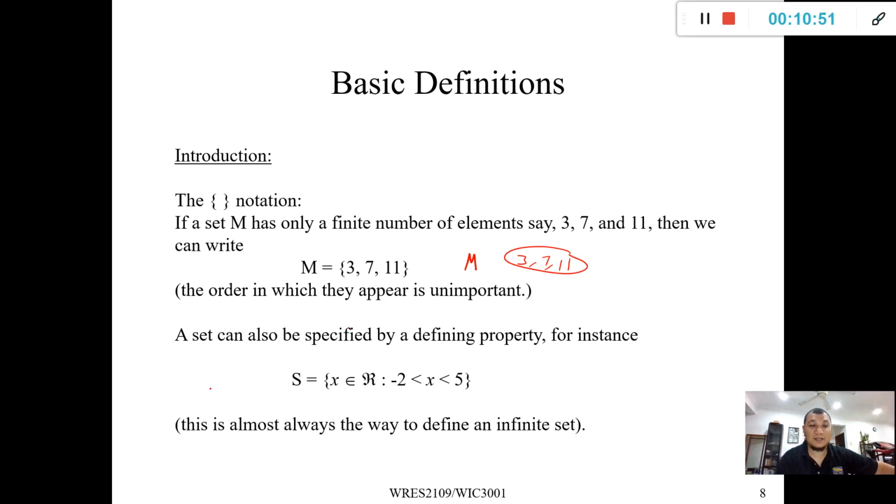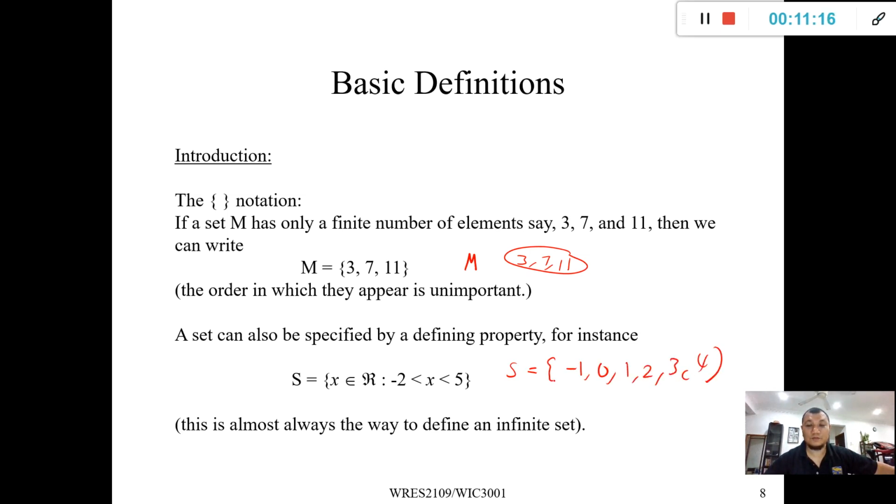A set can also be specified by a defining property. For instance, the set S = {x ∈ R : -2 < x < 5}. If you have this, you can write S as -1, 0, 1, 2, 3, and 4.